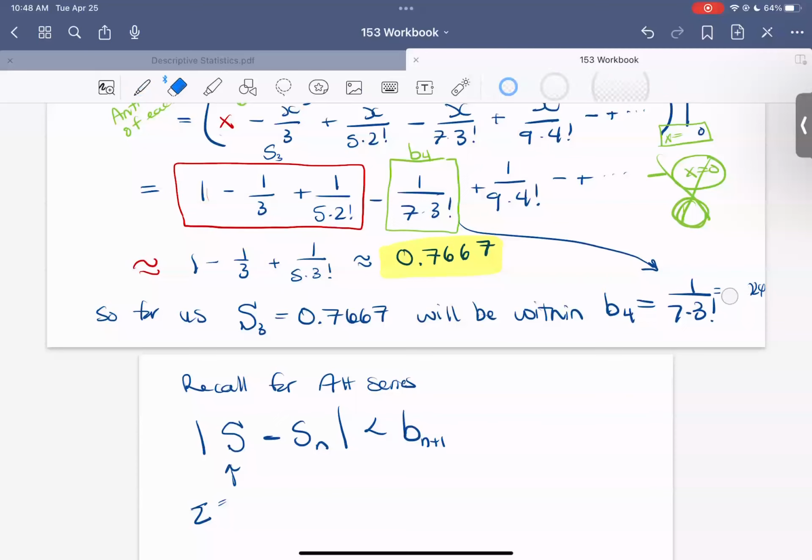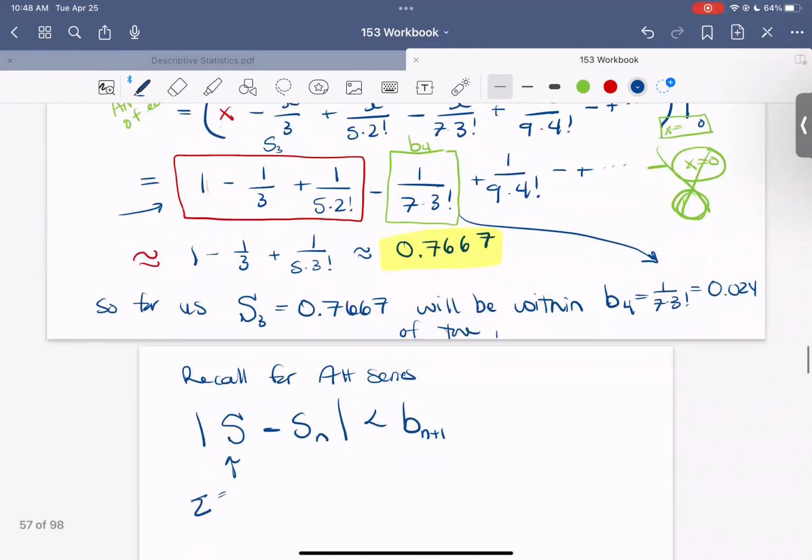So 1 over 7 times 3 factorial, which is 0.024, of the series value. In this case, our series is that integral that we are computing. All right, so there we go.